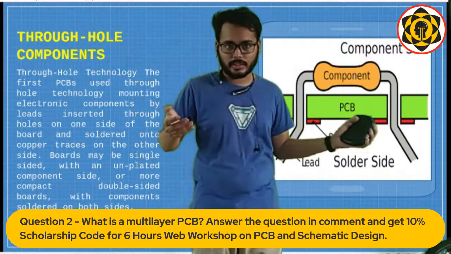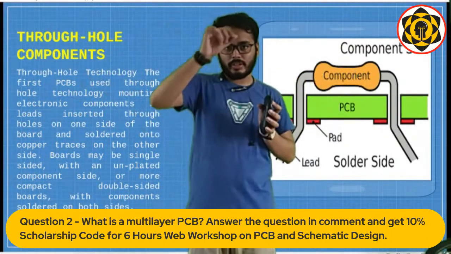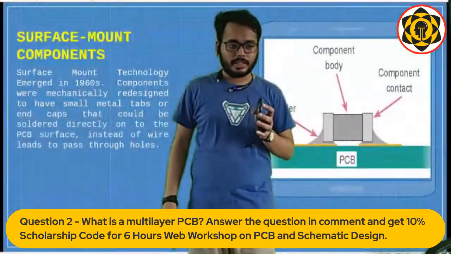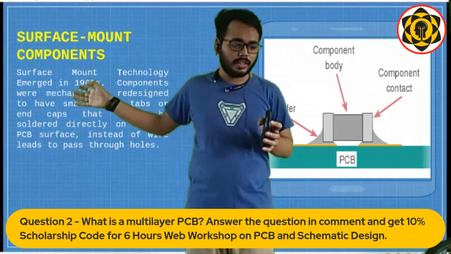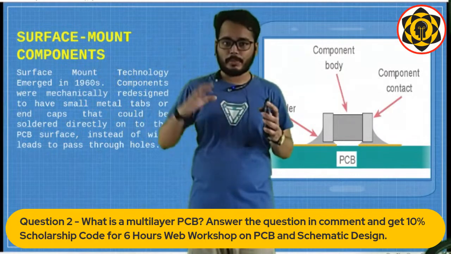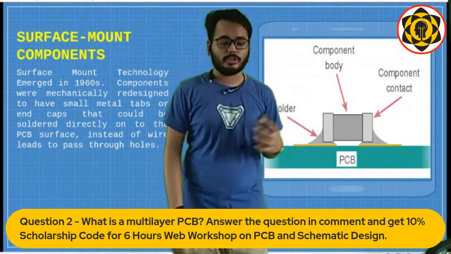That will make the PCB bigger. So they said we need to make the PCB smaller and tap the individual layers. And then in 1960 they developed surface mount components and surface mount technology.